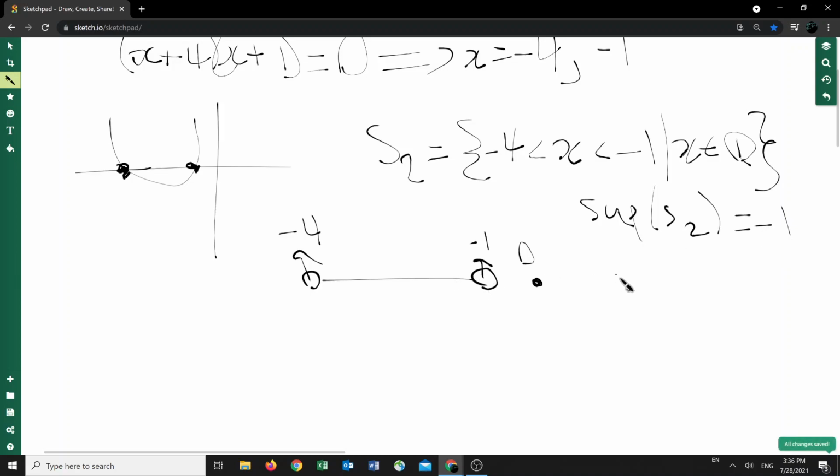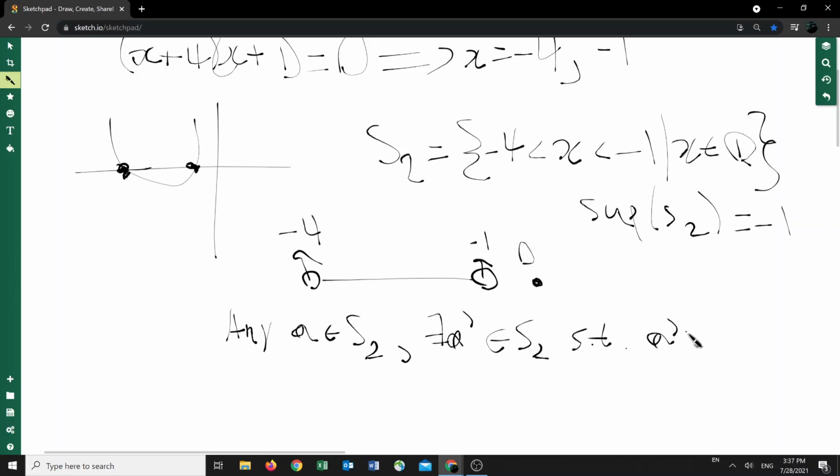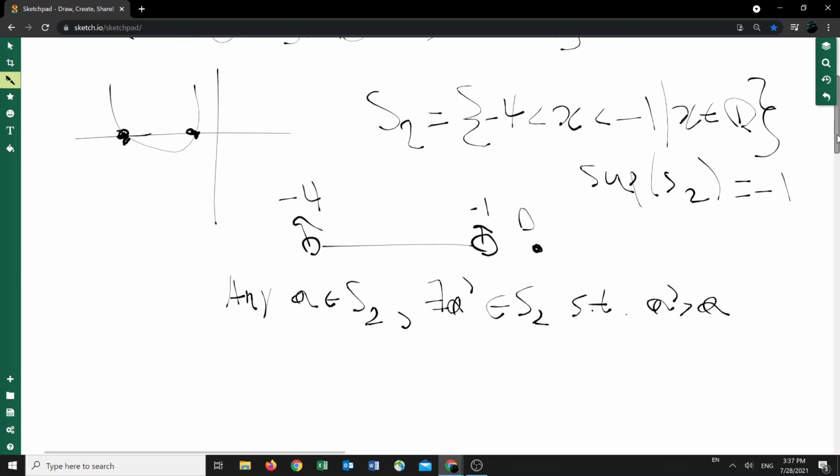So it suffices to show that given any a in S2, there exists a prime in S2 such that a prime is greater than a. Okay, if we can show that, then we're good, right?